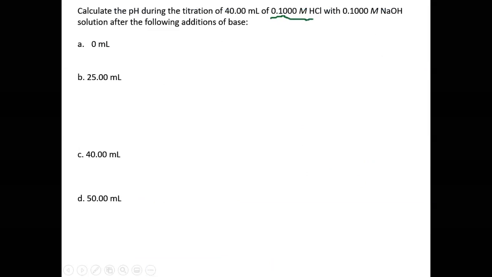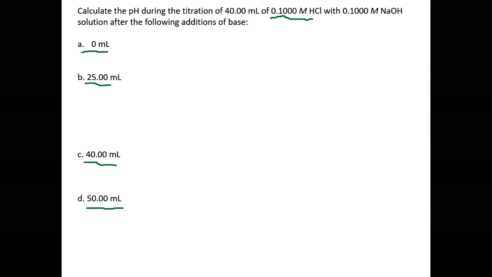So here we have a problem. We want to calculate the pH during the titration of 40 milliliters of 0.1 molar hydrochloric acid with 0.1 molar sodium hydroxide. And so we want to ask, what's the pH before we add any sodium hydroxide, after 25 milliliters, after 40 milliliters, after 50 milliliters.